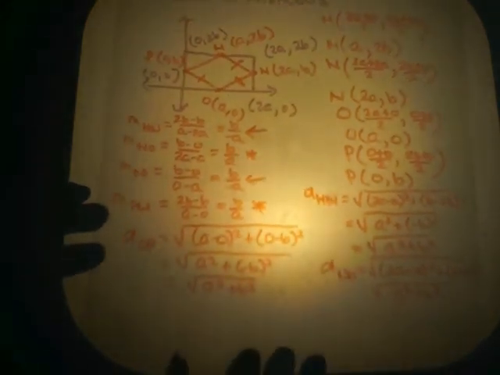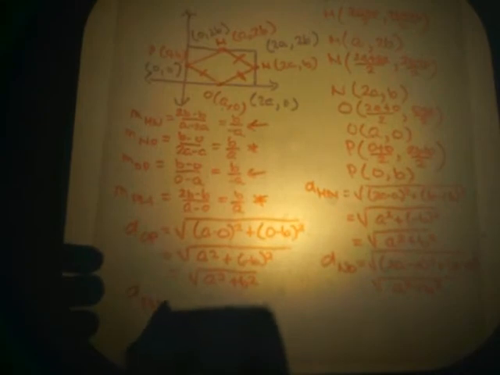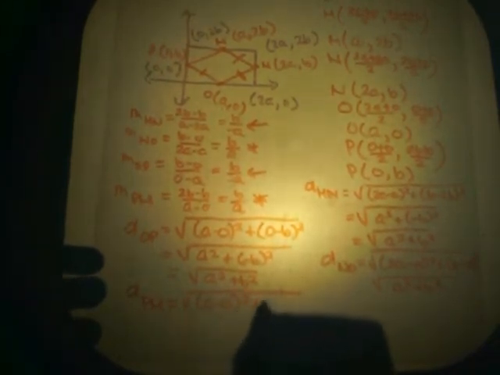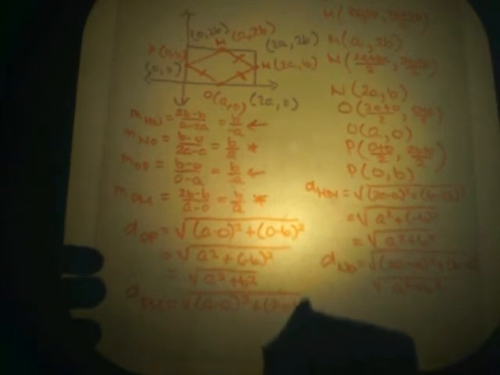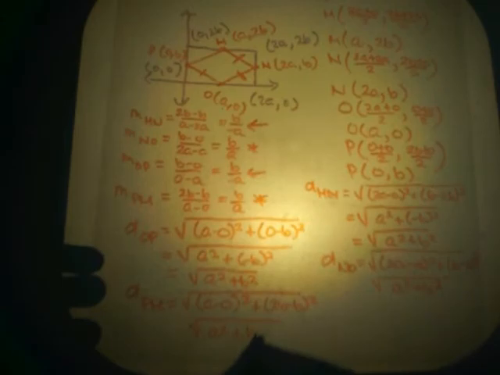And our last one is going to be the distance of PM to finish it up all the way around, and we have PM is a minus 0 squared plus 2b minus b squared, which gives me a result of a squared plus b squared, both positive. So I do in fact know that it is a rhombus. I've proved that because I have 4 congruent sides and 2 pairs of parallel segments.